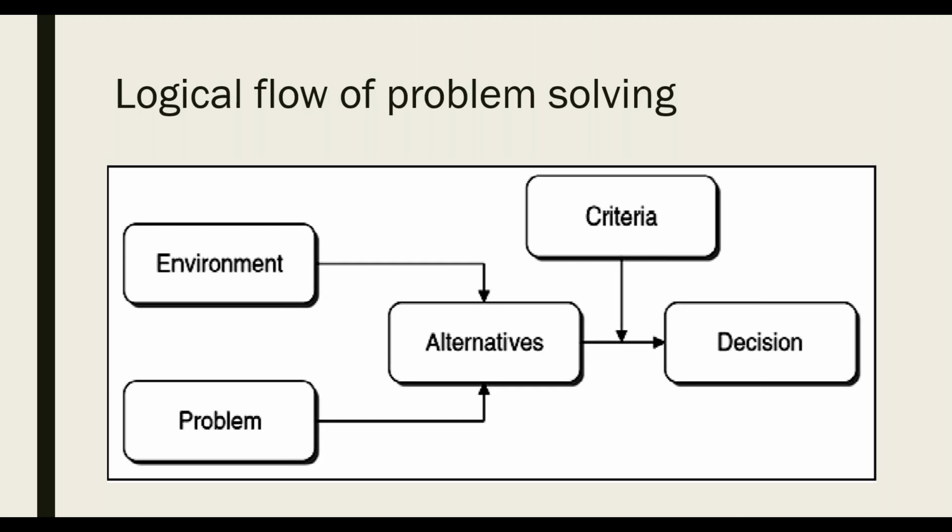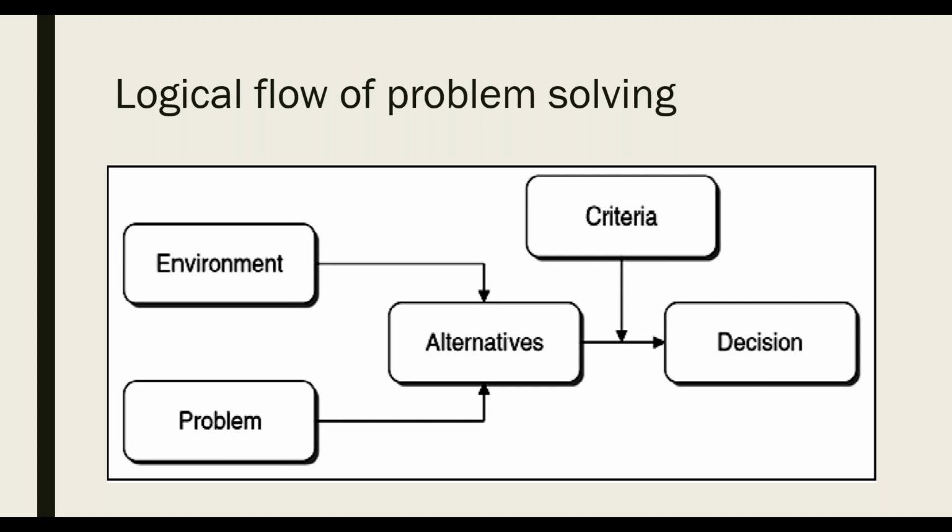A logical flow of problem solving now comes into the picture. Since it is highlighted that the decision-making process is all about problem solving, how does it flow until the final decision is achieved at the end? There is a certain set of criteria it needs to pass.